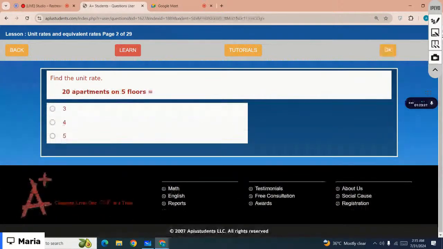Find the unit rate: 20 apartments on 5 floors. So how many apartments on one floor?